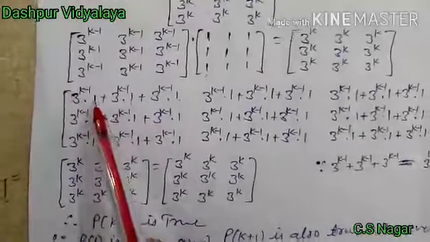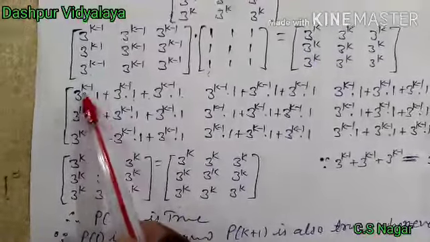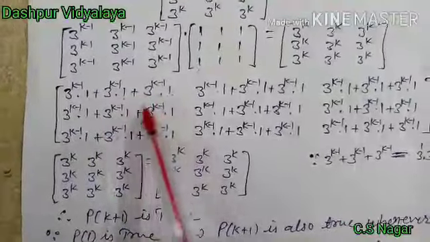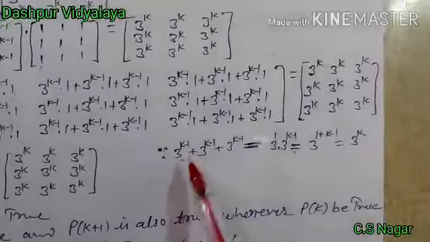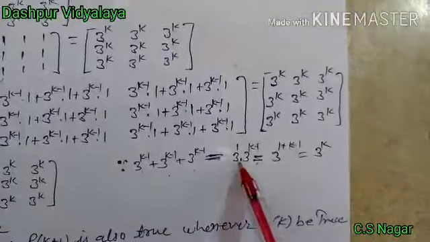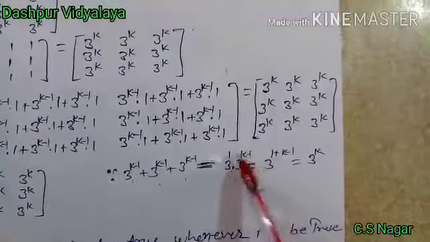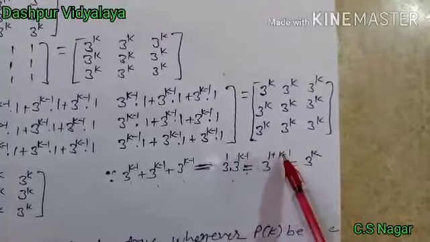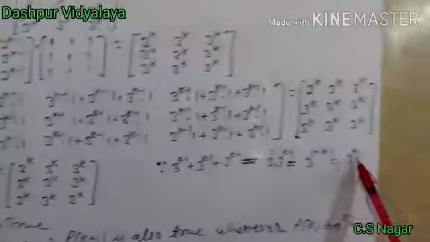Now let's see here, this is 3 into 3 to the power k minus 1, plus again 3 times, so first 3 to the power k minus 1 plus 3 to the power k minus 1 plus 3 to the power k minus 1, it means 3 times 3 to the power k minus 1. So in multiplication, power will be added, so 1 plus k minus 1, 1 and minus 1 cancel out, only 3 to the power k.